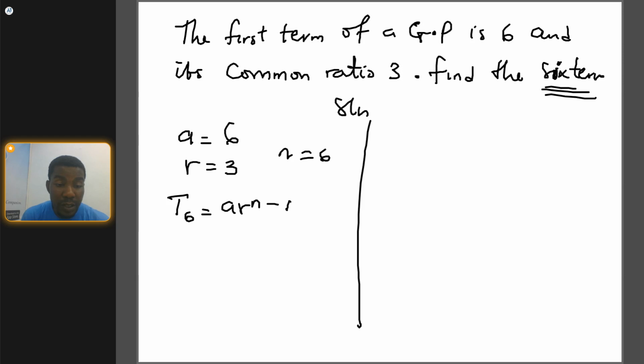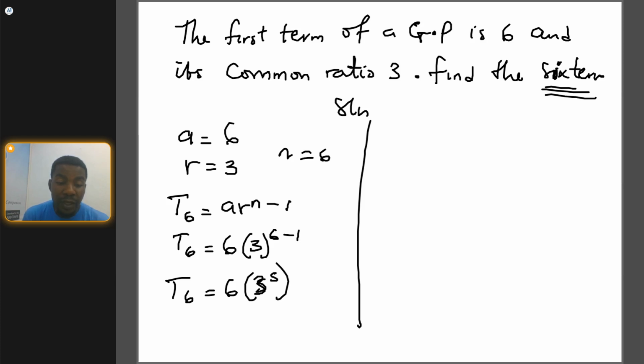That will be T6 equals A, which is 6, into the bracket R, which is 3, raised to power n, which is 6 minus 1. Subtracting 1 from 6, we have 5. So T6 equals 6 times 3 raised to power 5.